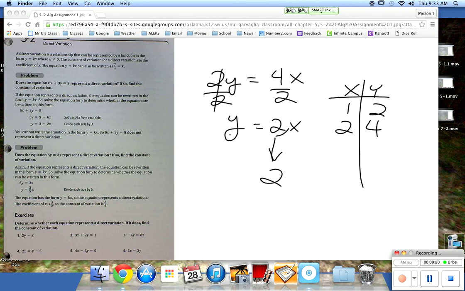It's varying by 2. I'm just showing you. If I put 3 in for x, y is going to be 6. My y is varying by 2 each time. That's my direct variation. All right?